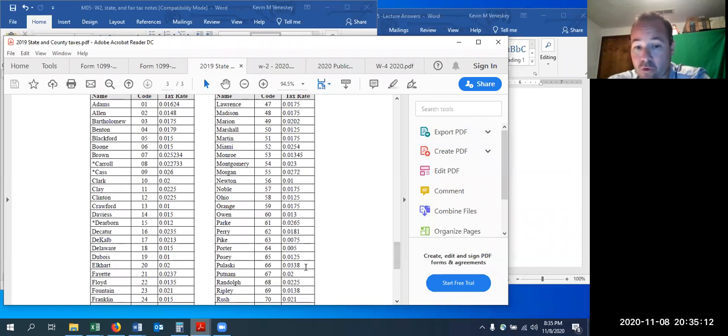Pulaski County up north is one of the highest, 3.38%. So if you're up there in Pulaski County, you must have some good roads. Whereas some of the other counties are more like 1.5%, 1.2%. The average, I would say, is around 1.5 to 1.75%. So if you pay in the twos, you're paying a little bit on the higher side.